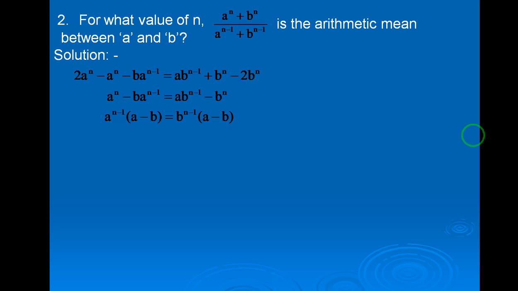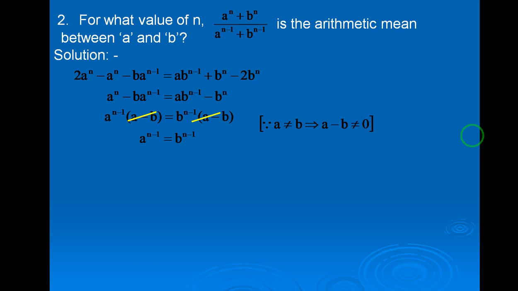So taking common we get a^(n-1)(a - b) = b^(n-1)(a - b). Now a minus b and a minus b cancel each other because a is not equal to b, that is a and b are distinct numbers, therefore a minus b is not equal to 0.